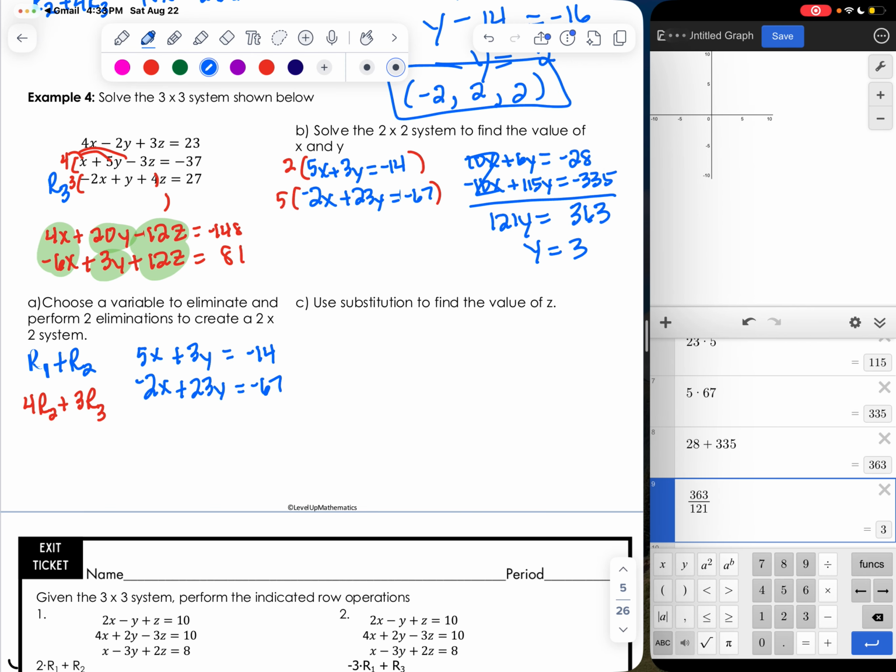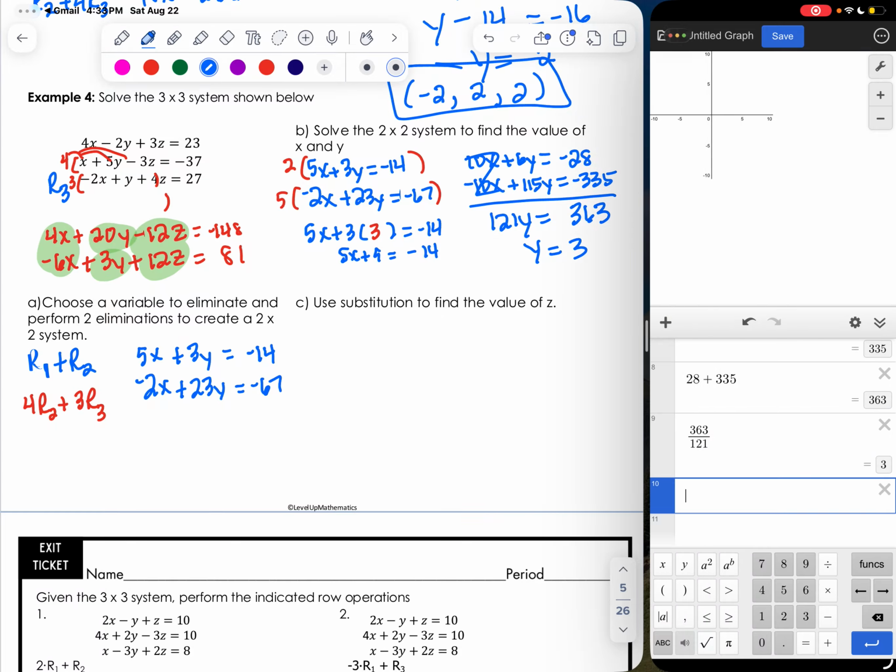All right, now I'm going to plug that in. 5x plus 3 something equals negative 14. And substitute in the y, which was 3. So 5x plus 9 equals negative 14. Okay. Negative 14 minus 9. Okay, did something wrong.